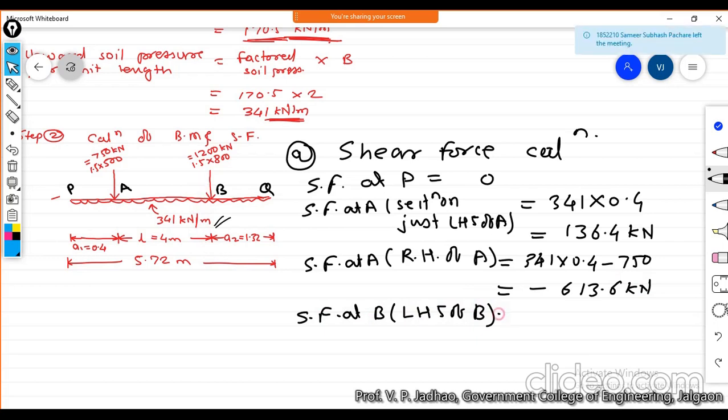This will be equal to the shear force due to this 341 kilonewton per meter upward soil pressure, which will be negative because it is acting like this, and the shear force due to this 1200 kilonewton load, which will be positive because it is acting like this.